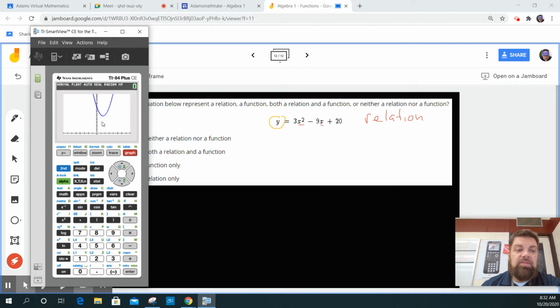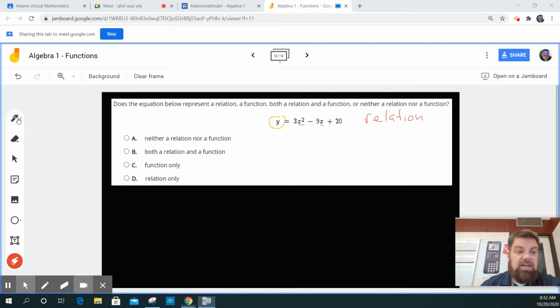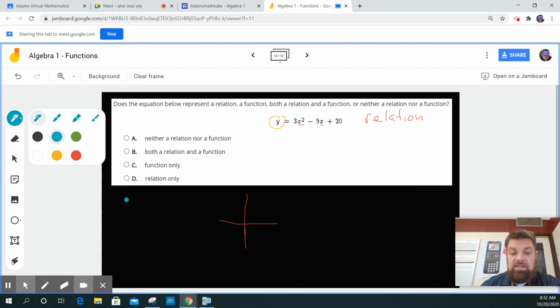Now remember, I've got a graph that kind of looks like this, okay? The vertical line test is simple, right? If I draw a vertical line and it only crosses the graph one time, then it's a function.